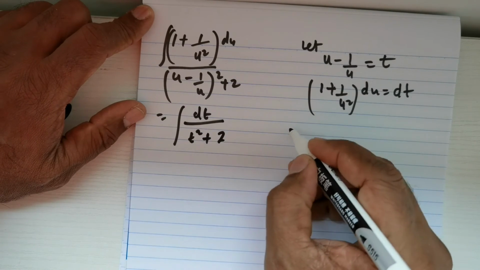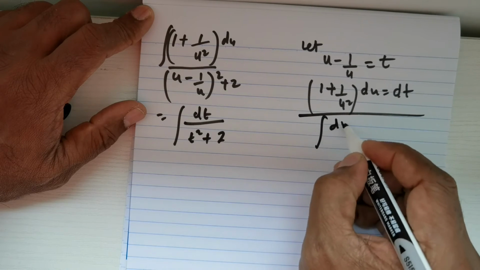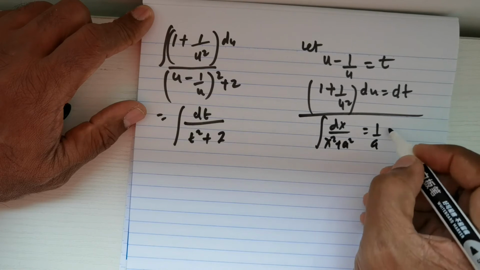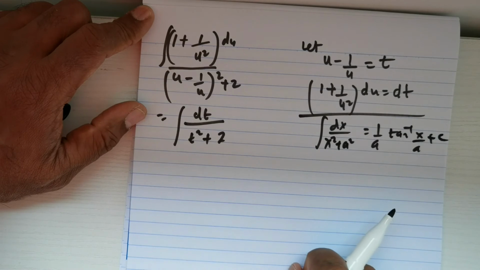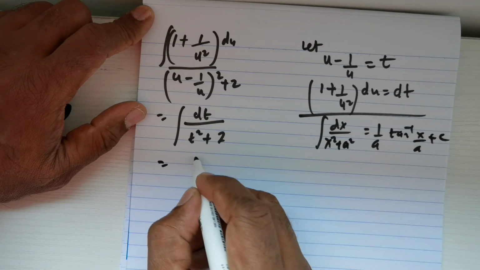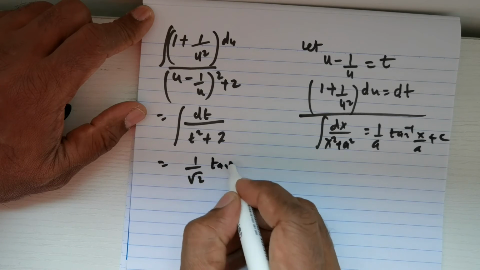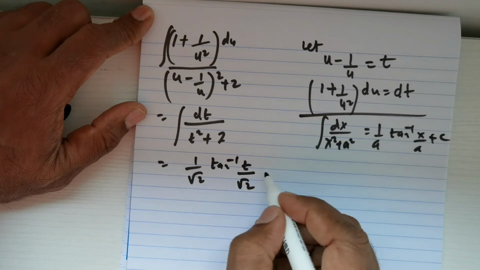+ 2. Now there is a formula which states that the integral of dx divided by x² + a² is 1/a tan inverse of x/a. So using this, we would now have 1/a, which is actually √2, tan inverse of t divided by √2.